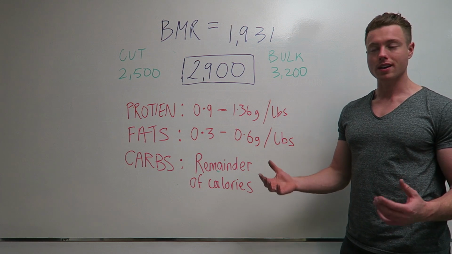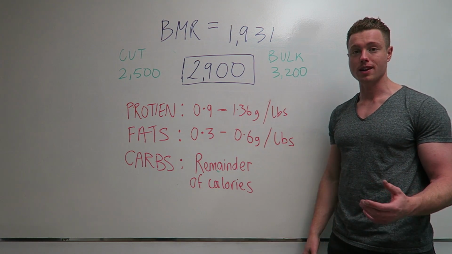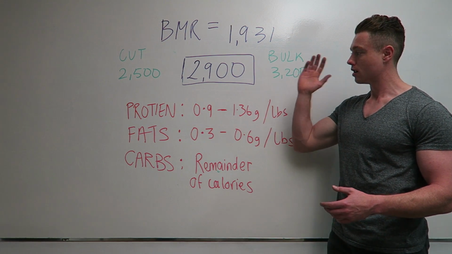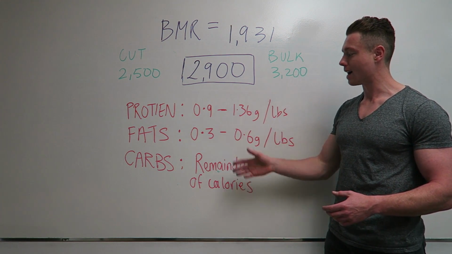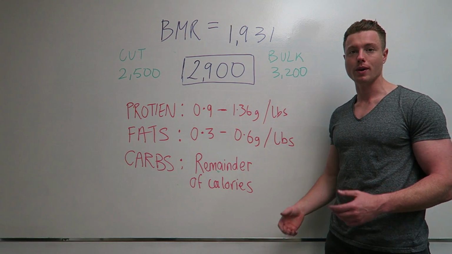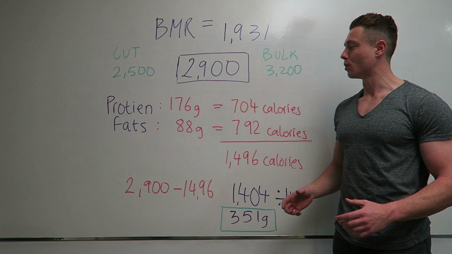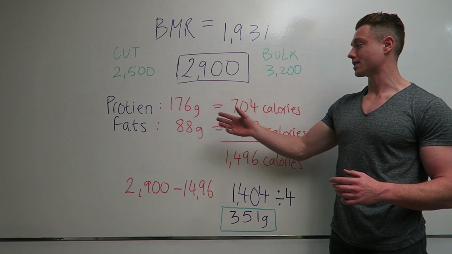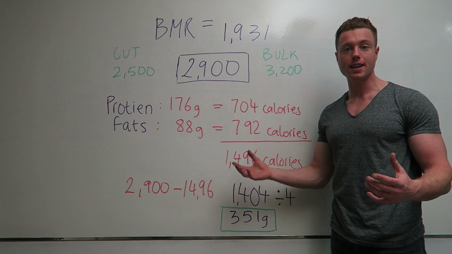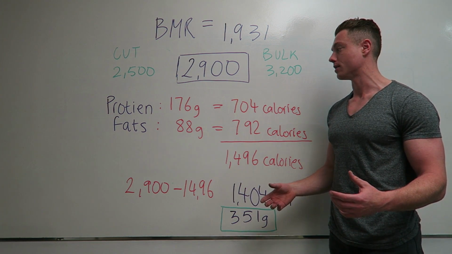For Mike, I'm just going to split it down the middle for simplicity's sake, and that's going to be 1 gram of protein per pound of body weight and half a gram of fat per pound of body weight. So we said that we give Mike 1 gram of protein per pound of body weight, so that's 176 grams of protein because he weighs 80 kilos or 176 pounds.